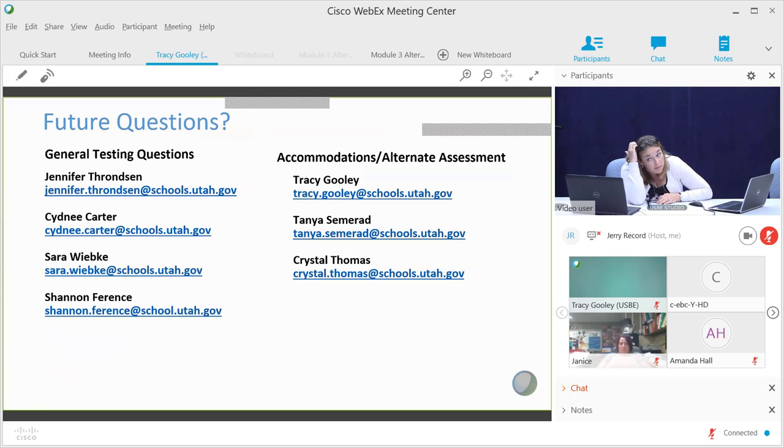So then here's just an email with all of the people that you can contact. General testing questions would be Jennifer Thronston or Sydney Carter, Sarah Woodkey, or Shannon Ferentz. If you're looking for any questions on the accommodations or Braille, with the regular KEEP or any alternate assessment stuff, that would be me, Tracy Gooley.